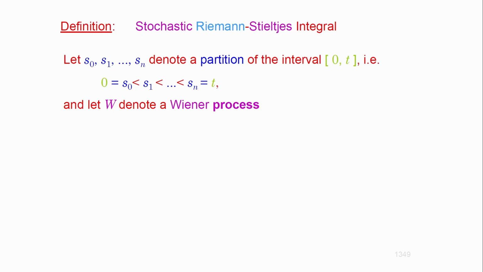So that should be a reminder. The integrator will be the Wiener process. This is a specific type of the stochastic Riemann-Stieltjes integral, but again, I was giving you the general definition.